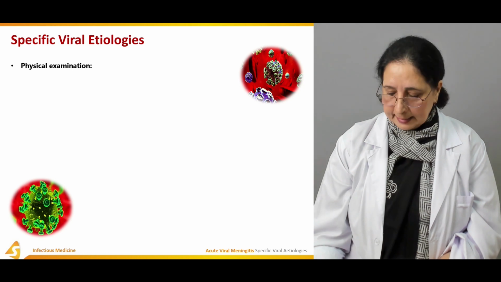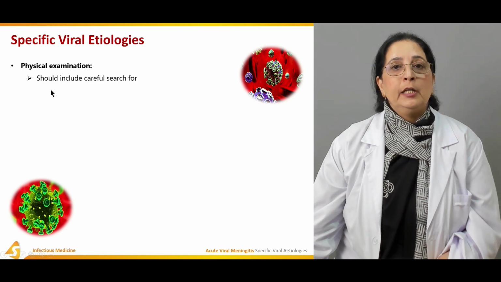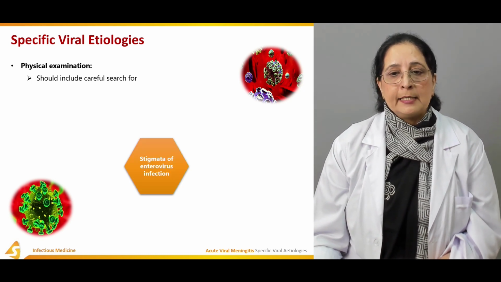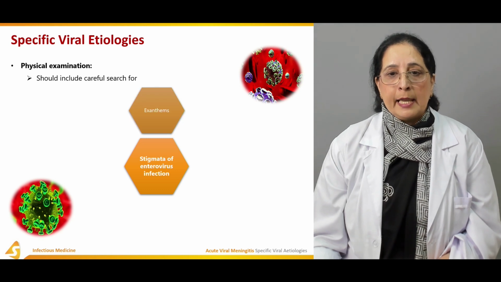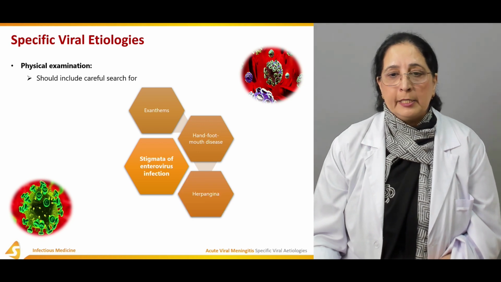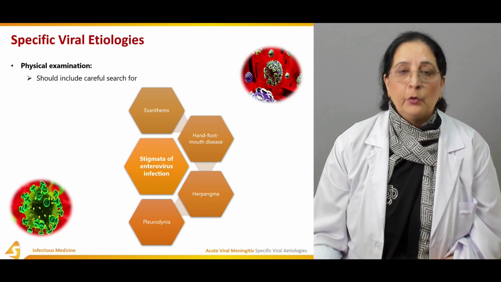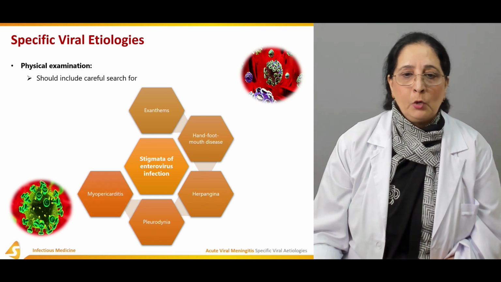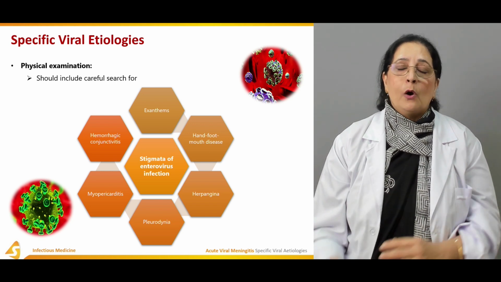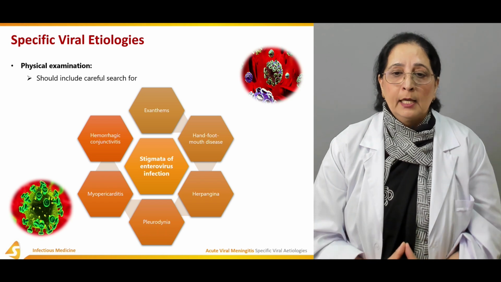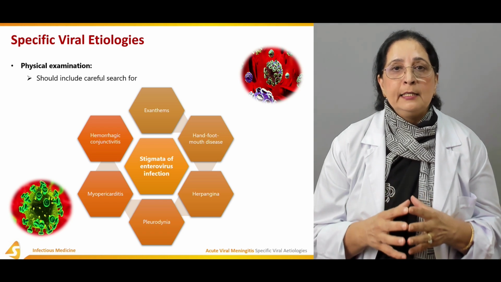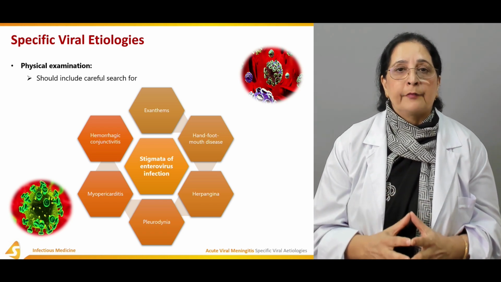Next, physical examination of the patient should include a careful search for the stigmata of enterovirus infection like exanthems, hand, foot, mouth disease, herpangina, pleurodynia, myopericarditis, and hemorrhagic conjunctivitis. All these are different conditions that are associated with enterovirus infection. On physical examination, we should look for all these different conditions.